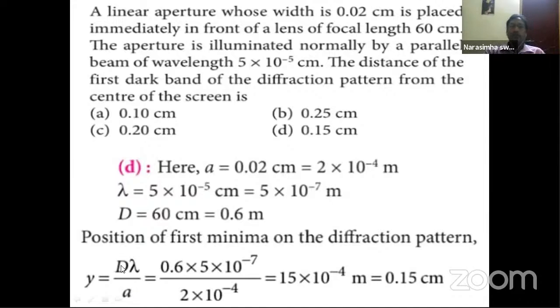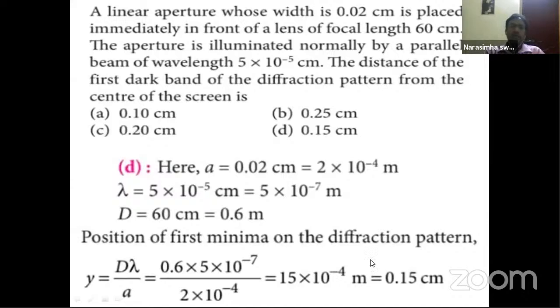So the D value is given in the problem, 60 centimeters, that is 0.6 meters. The lambda value is given, 5 into 10 power minus 7. And the A value is given, 0.2 centimeters, which converts to 2 into 10 power minus 4 meters. Calculating this, you get 15 into 10 power minus 4 meters, which is nothing but 0.15 centimeters.